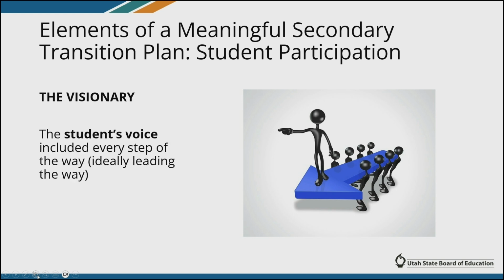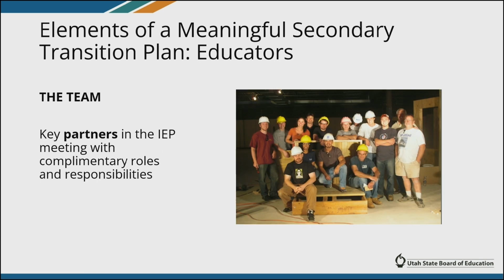As we stated at the beginning, throughout the entire secondary transition process, the student's voice and participation are essential to success. Although the student should drive the process and the decision-making, the perspectives from several stakeholders are valuable. Think of the team as the group of subcontractors used to build a house. Different perspectives and expertise are needed to develop and implement the plan successfully. Some team members are required, but the student should have input on additional team members they feel would be helpful to them in the process.